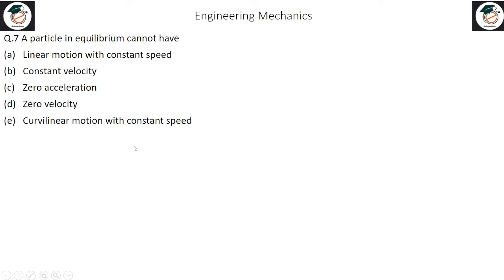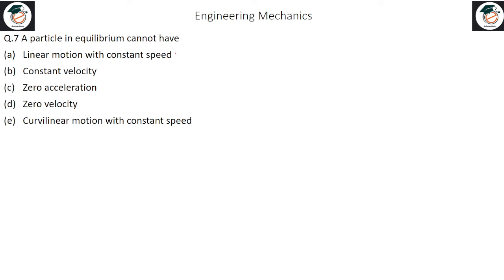We need to find in this question what a particle in equilibrium does not have. A particle in equilibrium can have a linear motion with constant speed.